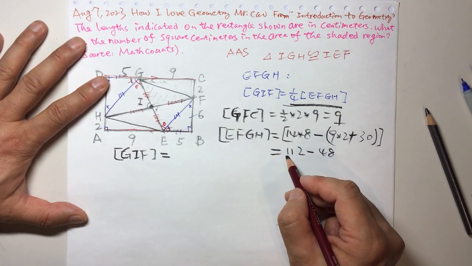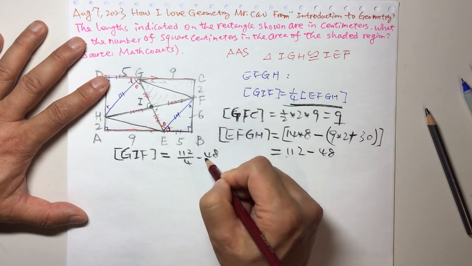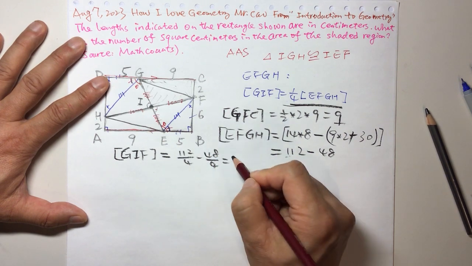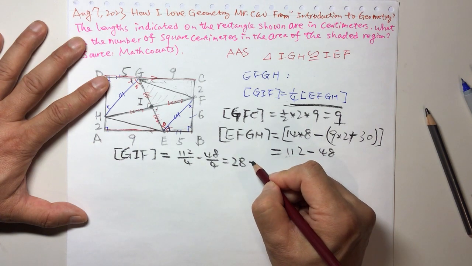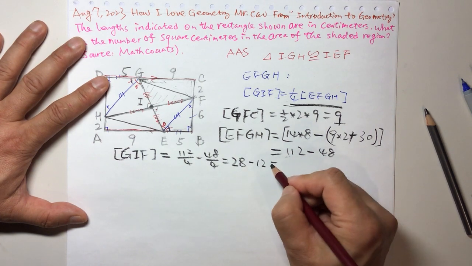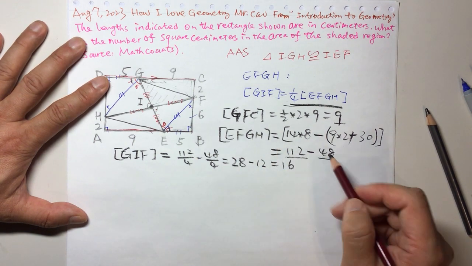That's divided by 4, 112 divided by 4 minus 48 divided by 4. So that's 28 minus 12, so equals 16, right?